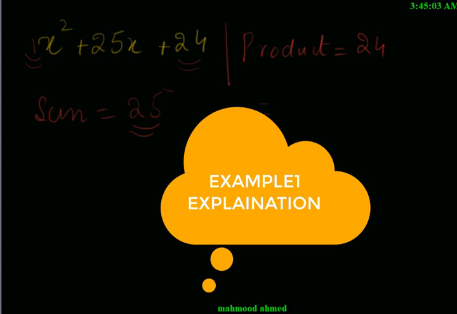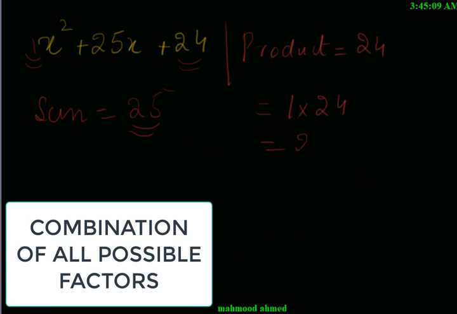So here I'm going to explain. We write all the combinations of the factors of 24. Let's say 1 times 24, then 2 times 12 is 24, 3 times 8 is 24, and 4 times 6 is also 24. There are 4 pairs which give you 24 if you multiply them. These are the pairs of the factors.